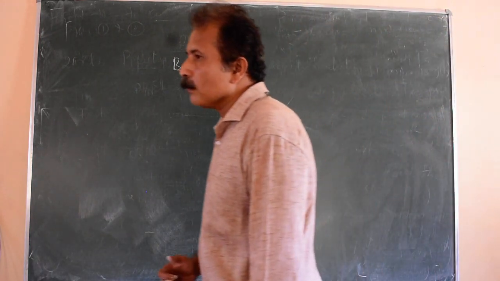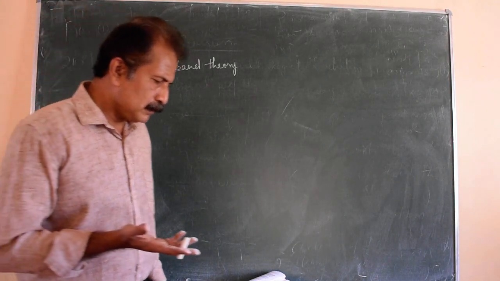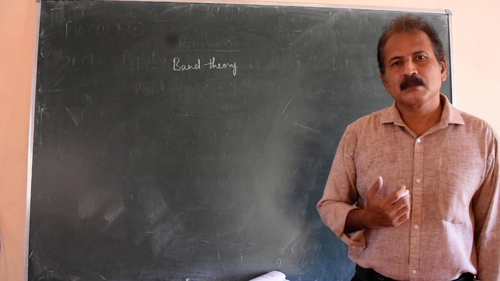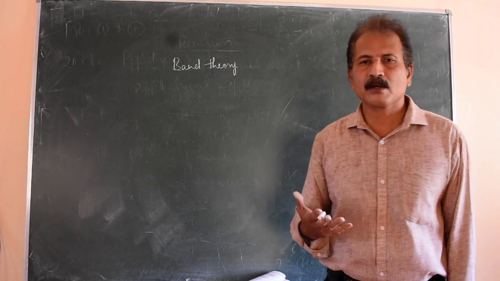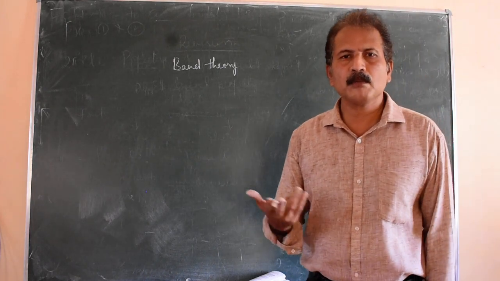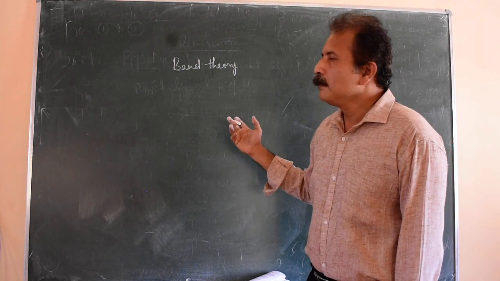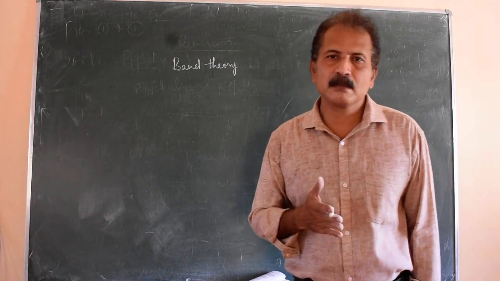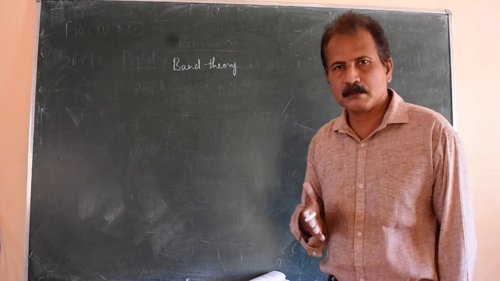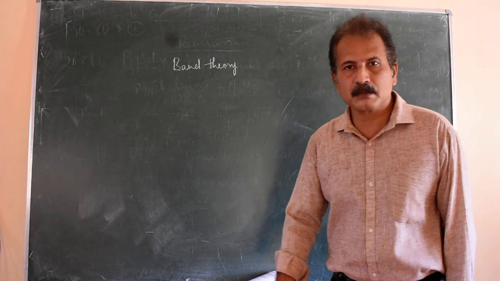Now, the electrical conduction in solids is due to the electrons, and it depends upon how many valence electrons are available per atom. The more electrons available, the more the conductivity or conductance. Therefore, what the theory says is, the atomic orbitals of metal atoms will combine and form molecular orbitals.